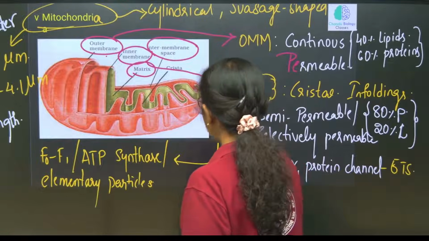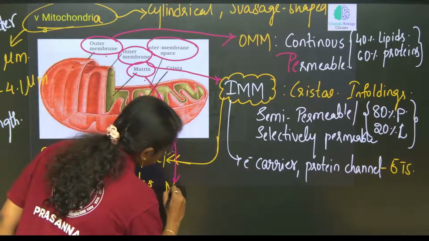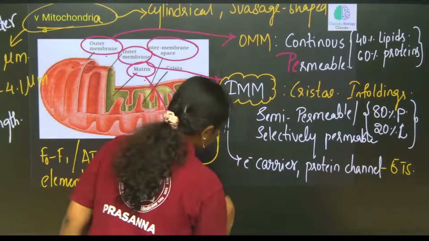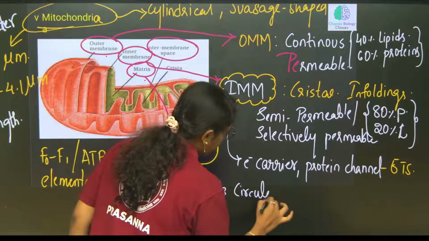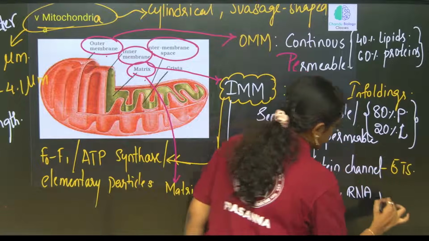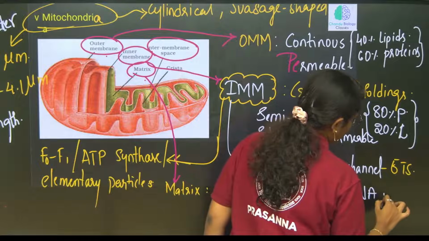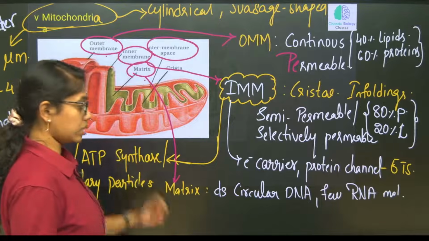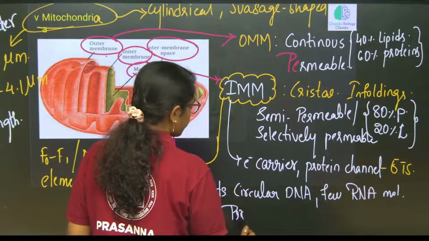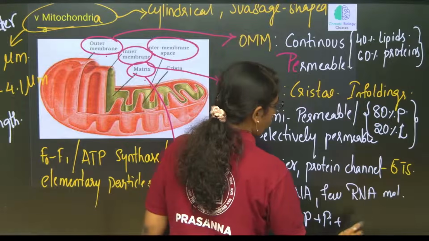In the mitochondrial matrix you can see double stranded circular DNA, few RNA molecules and some proteins, and components like ADP, inorganic phosphate and oxygen.